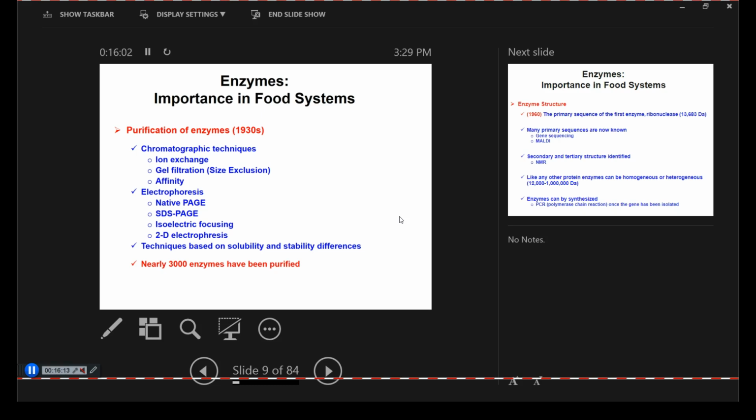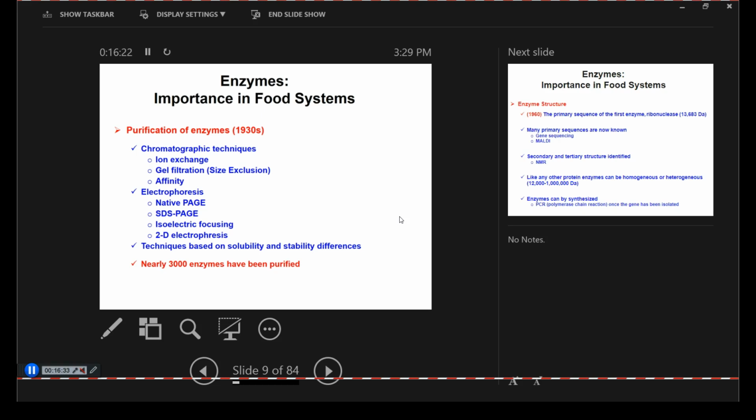So starting with the 1930s, or actually before, in the 1920s, scientists isolated protein enzymes, but it continued through the 30s and onwards to characterize these enzymes and to determine their activity and usage.